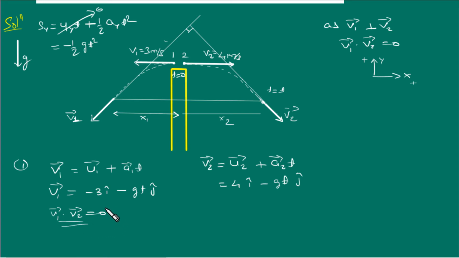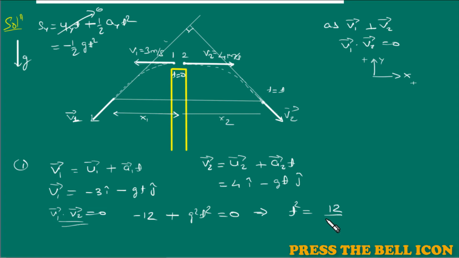So we know that it will come minus 12, because minus 3 into 4 minus, and it will be g square into t square is equal to 0, and we will get time t square is equal to 12 by 10 square. I will use g as 10.